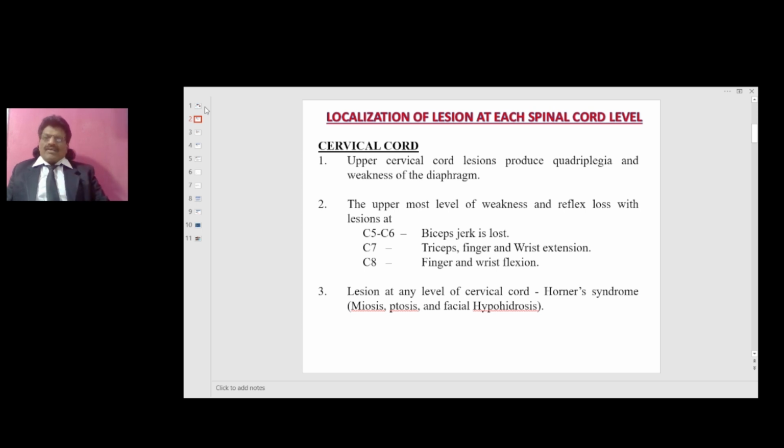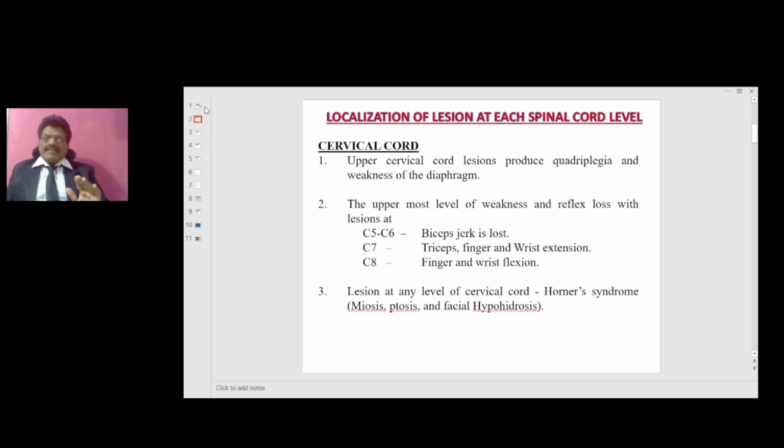At the level of the cervical cord, upper cervical cord lesions produce quadriplegia and weakness of the diaphragm. The uppermost level of weakness and reflex loss with the lesions: at C5, C6, biceps jerk is lost.